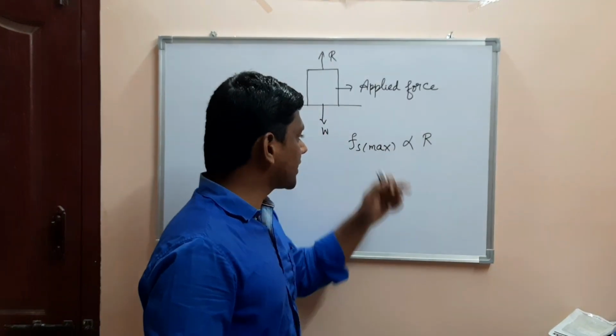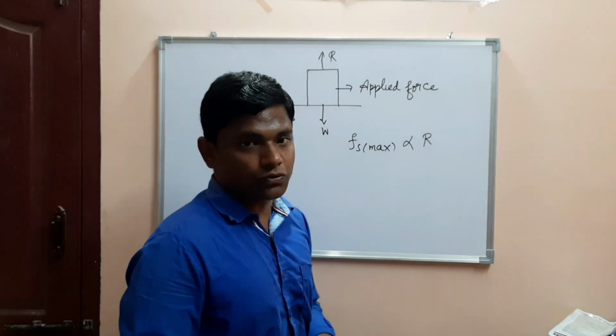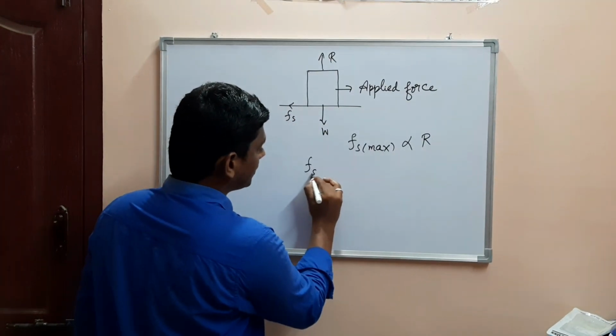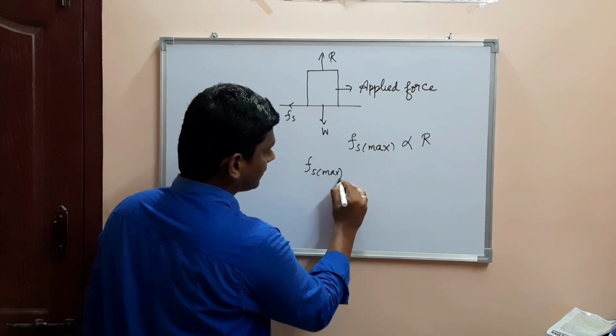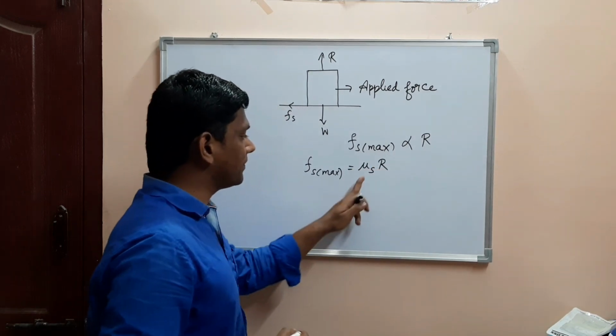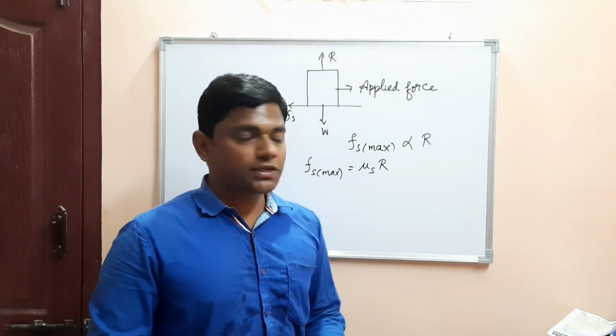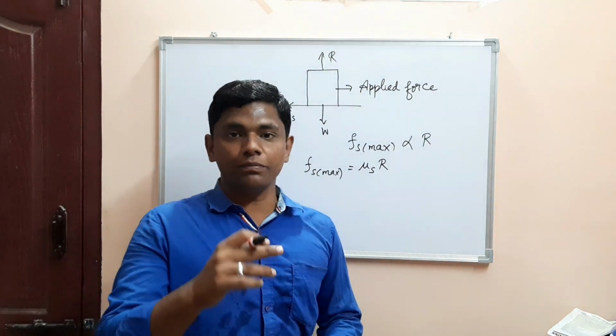So I have to remove this proportionality and I am putting a constant here. This constant is called the coefficient of static friction. In general, the coefficient of static friction is denoted by the letter mu.